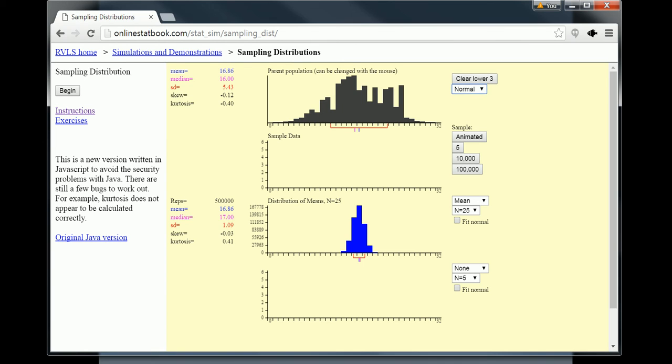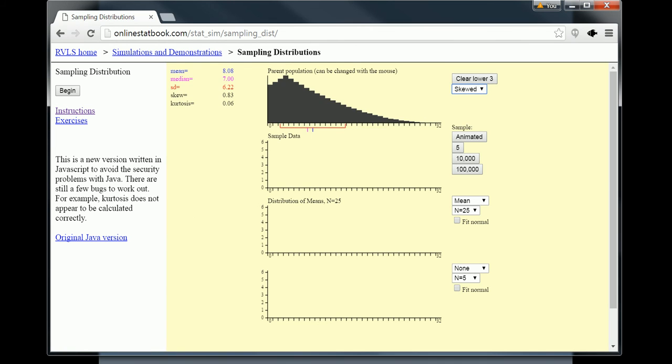If we were to sample from a skewed distribution, the sampling distribution of the means again still conforms to a normal distribution, with the mean of the sample means incredibly close to the overall population mean, and the standard error of the mean being basically the population standard deviation divided by the square root of n.